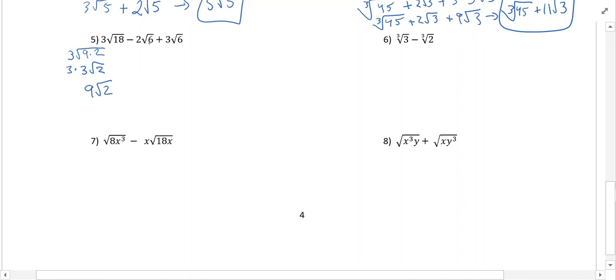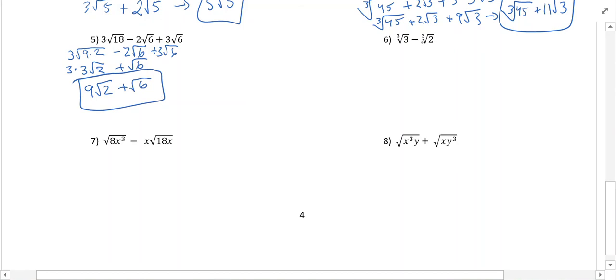This middle term here, negative 2 rad 6, is already simplified, so I'm just going to bring it down here. And same thing with this positive 3 rad 6, it's already simplified. But these are like radicals, so I can combine them. Negative 2 rad 6 plus 3 rad 6 will give me a positive 1 rad 6. You could write the 1, but I know that it's implied, so I'm just going to leave it. And rad 2 and rad 6 are not like terms, so I can't combine them. So I'm just going to bring it down. And so this is my simplified answer.